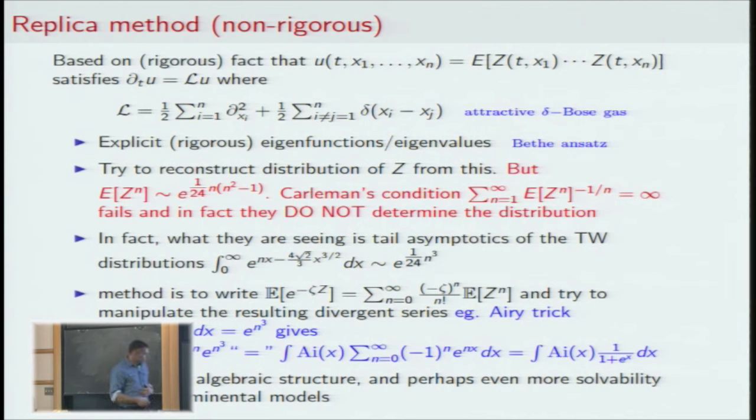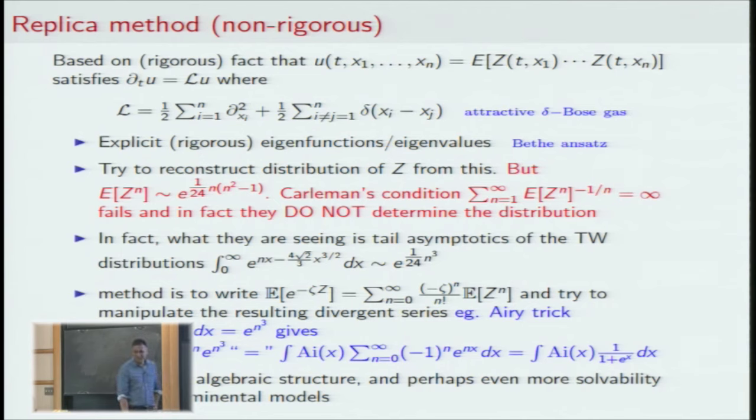But the important thing is that the calculations you do using the replicas seem to have some very, very interesting algebraic structure, and seem perhaps even to give more solvability than the determinantal models. So you seem to be able to get a lot out of this, even though you're working through this non-rigorous thing. The KPZ universality class is the one where the Airy trick works and gives you the right answer. That's a nice definition.